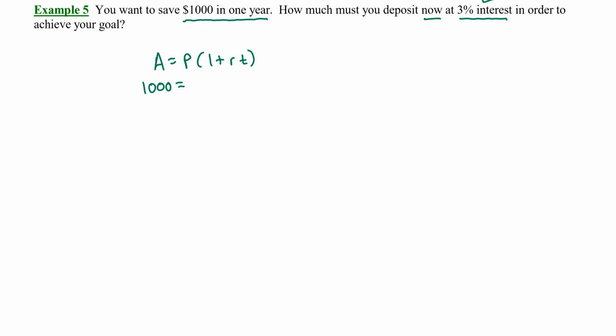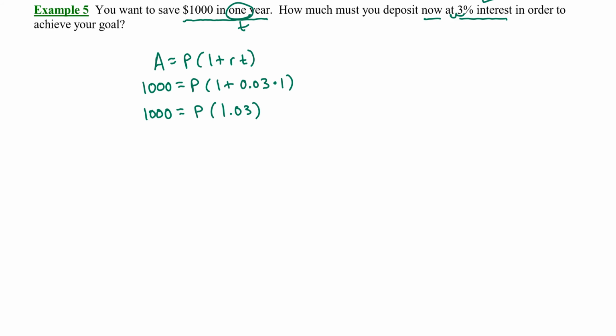We want to know, how much should I deposit now? What's the present value or principal at 3% interest? Move it 2 places to the left. This would be 0.03, and we're only looking at 1 year, 0.03 times 1. So I'm going to simplify what's inside parentheses there as 1.03.